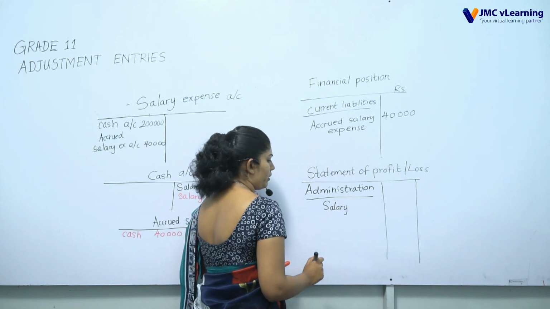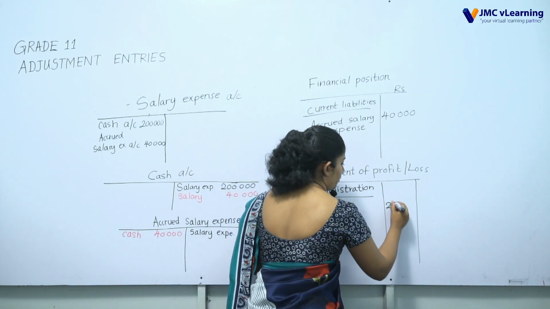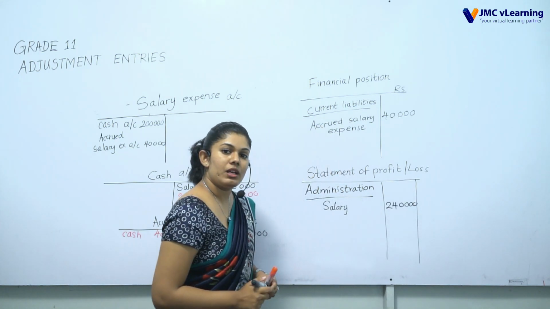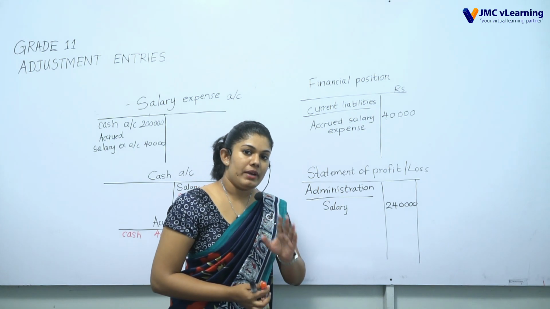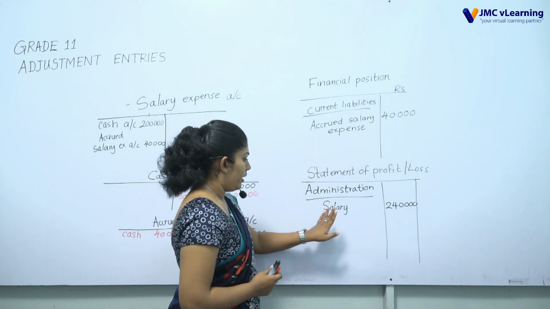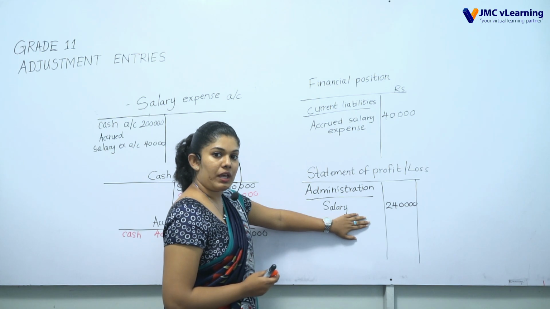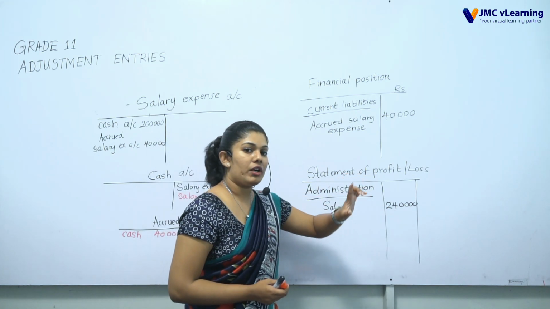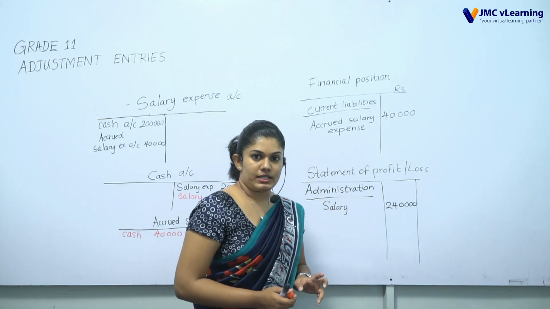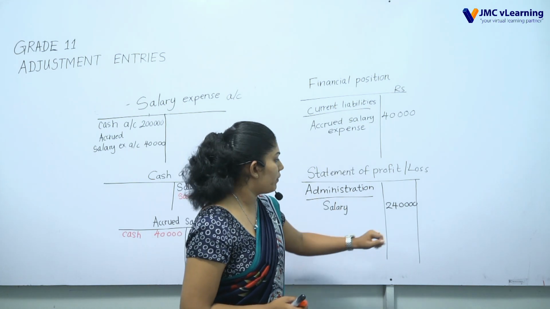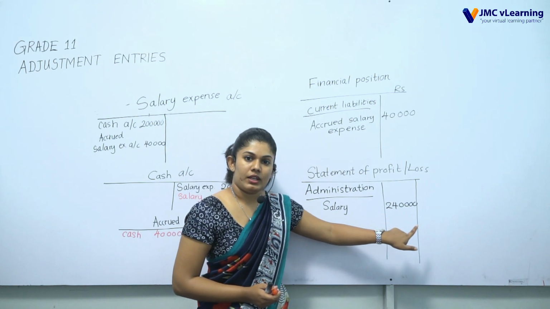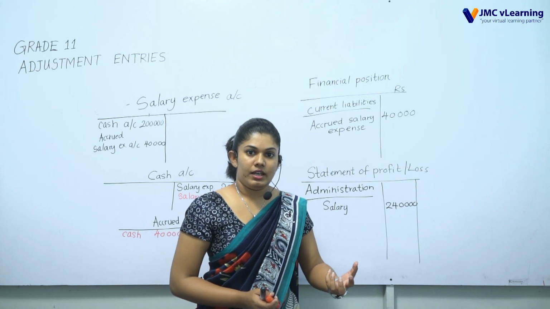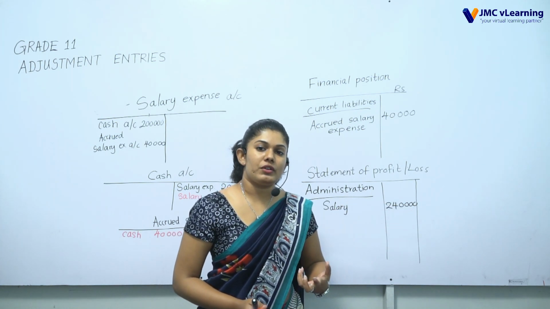I have to record the relevant amount for the year. This is the point where accrual basis applies. Regardless of cash payment, in the profit or loss statement, we identify 240,000 of salary expenses. Otherwise, if we record 200,000 here, we will reduce the expenses and show a higher profit.